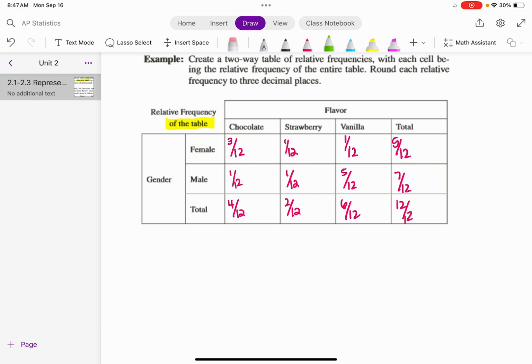Okay, I can also turn these into decimals. That might be helpful for us. Use your calculator to help you out. Remember that we want 3 decimal places.